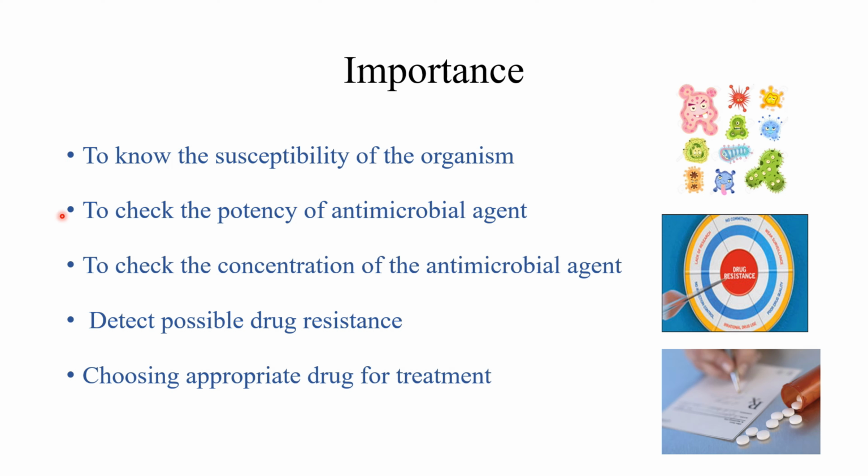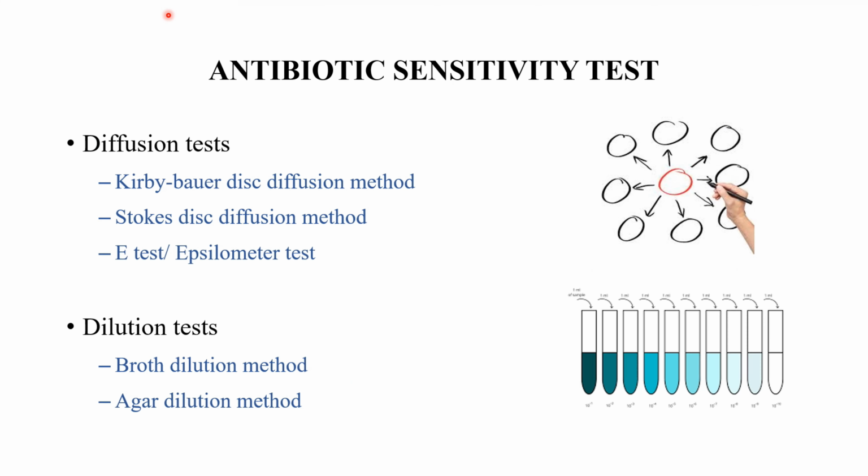It also checks the potency of the antimicrobial agent, meaning its efficiency and whether the concentration is appropriate for killing the organism. It detects possible drug resistance, whether the organism is resistant to particular drugs or antibiotics, and helps in choosing the appropriate drug for treatment.